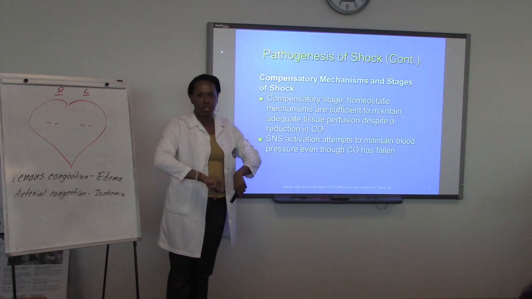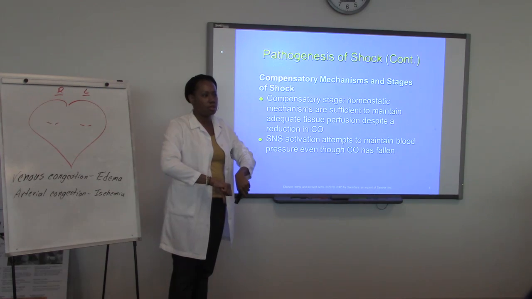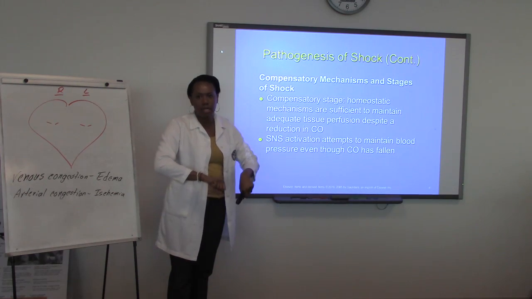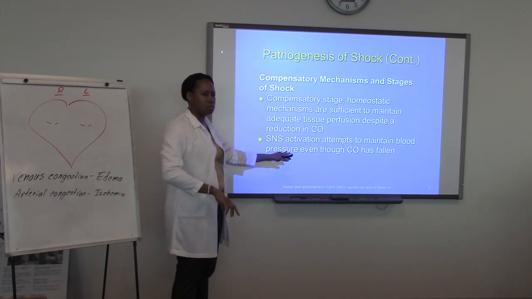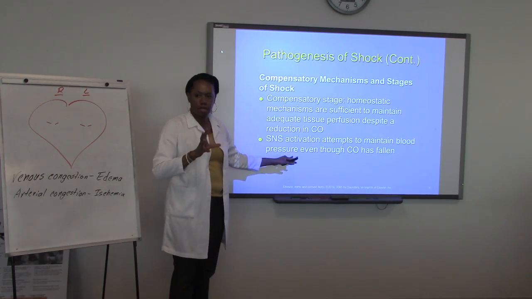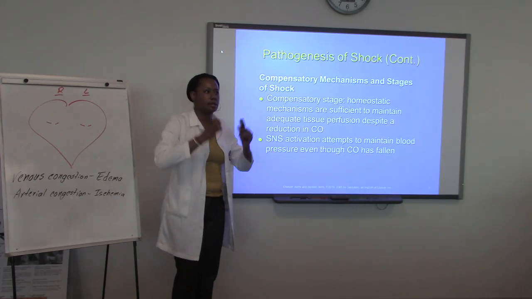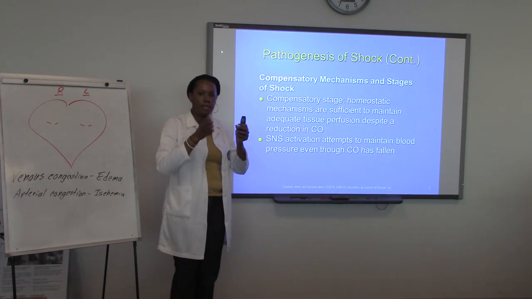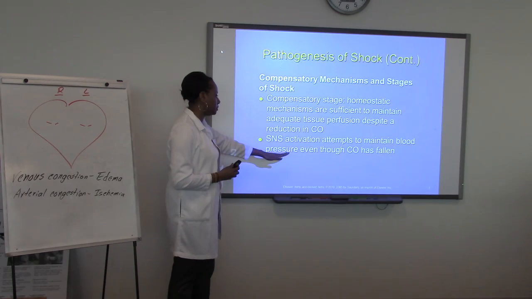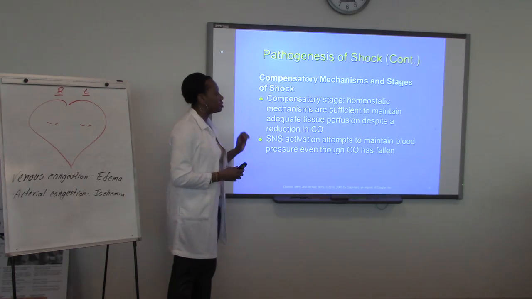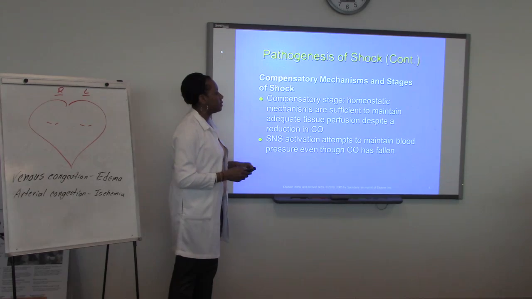The sympathetic nervous system. Very good. Please make sure you know that forever. The sympathetic nervous system will be activated, and it will send a signal to the heart and the bloodstream, telling everyone, let's get this working. Get the heart pumping, pump out some blood so we can get back to normal. So the body will always undergo that compensation.